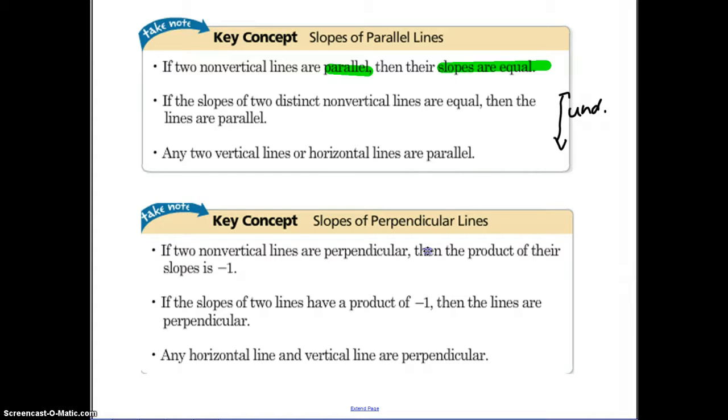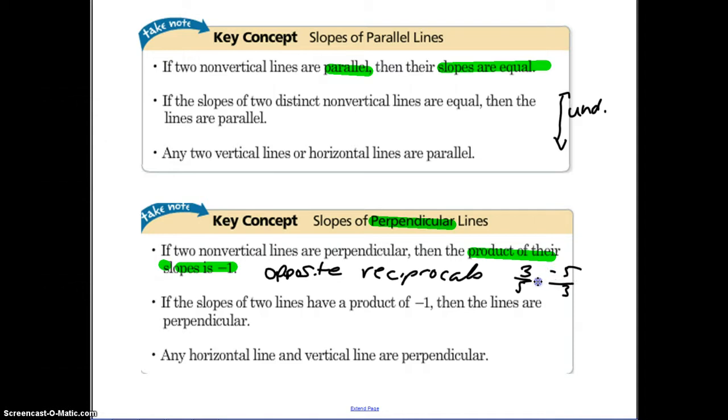Alright? Now, going back to perpendicular lines. If two non-vertical lines are perpendicular, then the product of their slopes is -1. And you probably remember that as opposite reciprocals, which means if I had 3/5, its opposite reciprocal is -5/3.